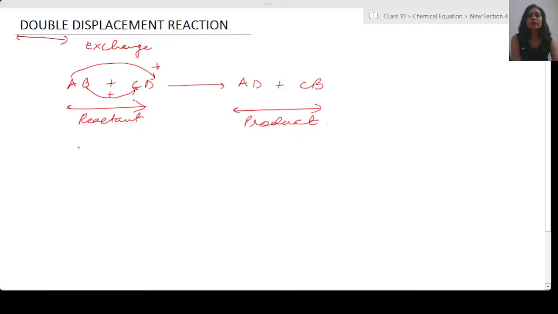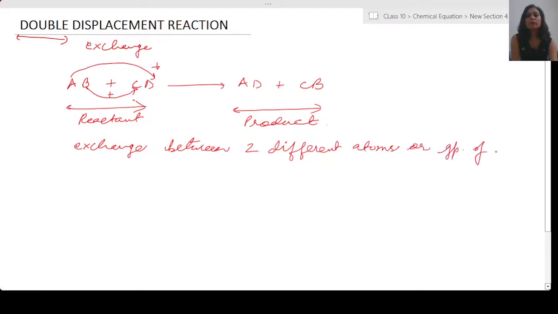So there is an exchange in this reaction, which is occurring between two different atoms or groups of atoms.